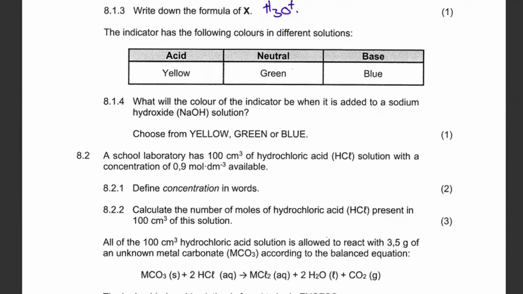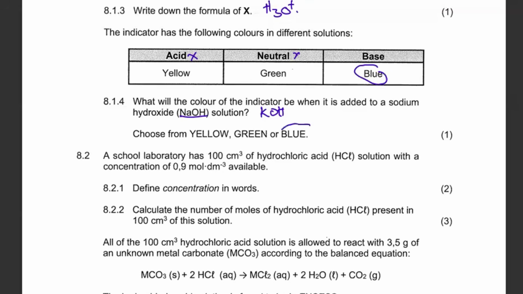Sodium hydroxide is a base, a strong base to be specific, same as potassium hydroxide, KOH, which is also a strong base. According to these indicators, sodium hydroxide is not an acid. Is it neutral? No, sodium hydroxide is a base. So automatically choose from yellow, green, or blue.